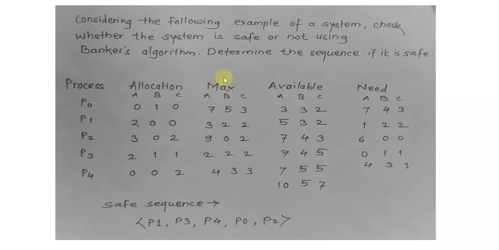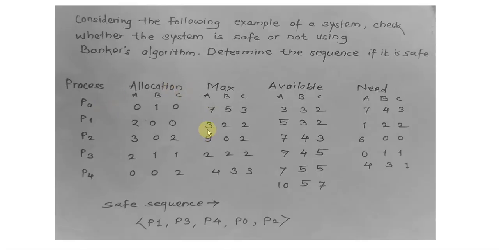Now the second column shows the maximum need. Maximum need means this number of resources is required by the process to complete its execution. In the example, the maximum need of the P0 process is 753, meaning 7 instances of A, 5 instances of B and 3 instances of C. From that, we have already allocated 010 resources to the P0 process.